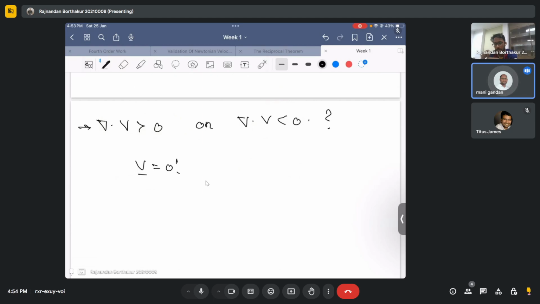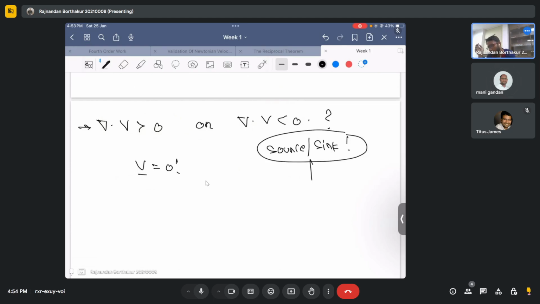Greater than zero, it is a source. Okay, so what I will do is have a look. Generally, what I interpret is that these are inviscid, incompressible, and something we'll see which is irrotational, and we'll discuss this in 5 minutes if we have time.